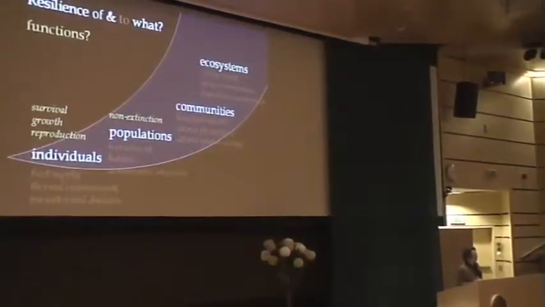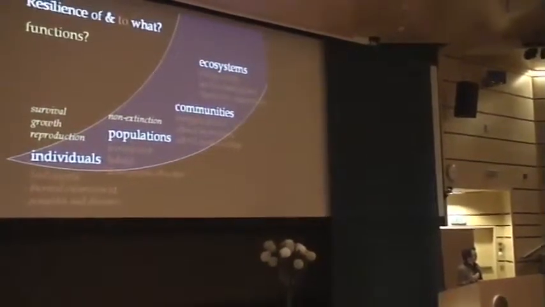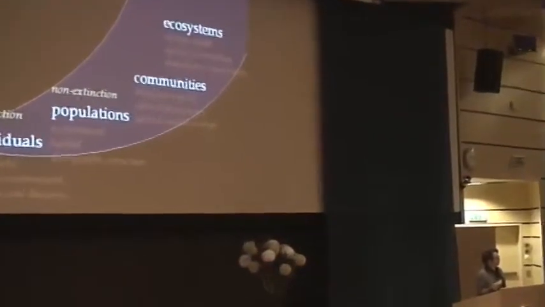But for communities and ecosystems, it's very difficult to define what function an ecosystem or a community should maintain in absolute terms. In relative terms, we can define it as a function of the goods and services that this ecosystem or community can provide to us. But from the ecosystem or community perspective, it's difficult to define these functions.